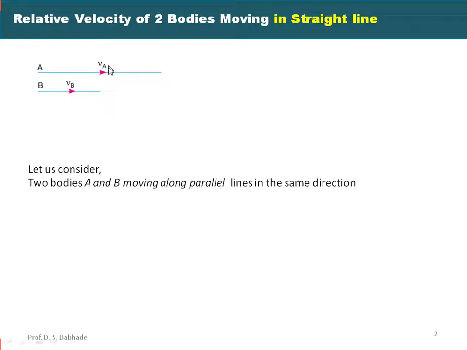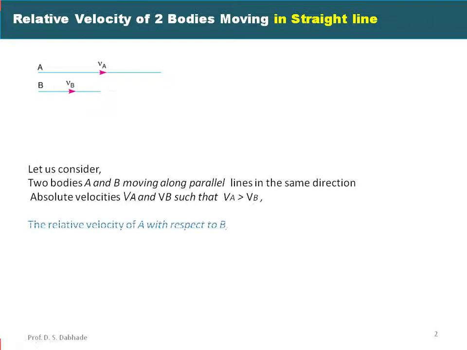Let VA be the absolute velocity of A, and VB the absolute velocity of B. We have considered the velocity of A to be greater than the velocity of B.